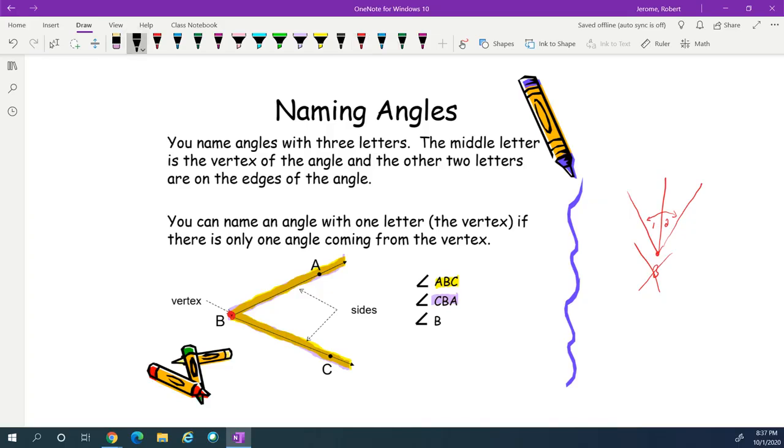Sometimes what they'll do is they'll give us a little reference number inside of it, and we can call it like angle 1. Right? So they might put a little number in there, 1, 2, 3, and it's a reference. So it's like a nickname or a shortened name.